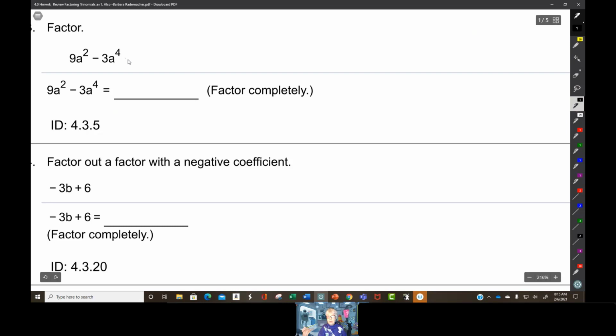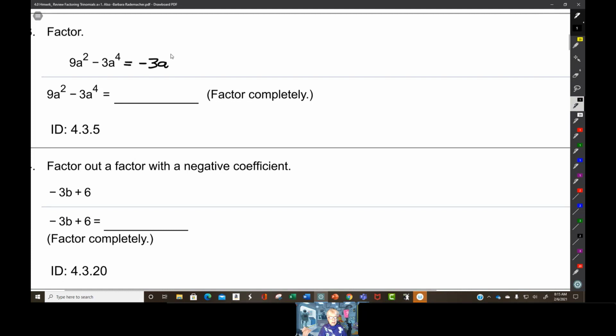This really should be written the following way. Negative 3a to the fourth, plus, because that's positive, 9a squared. This is a polynomial, and it's preferred to write it in descending order.